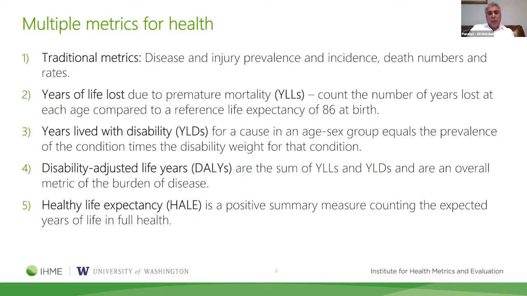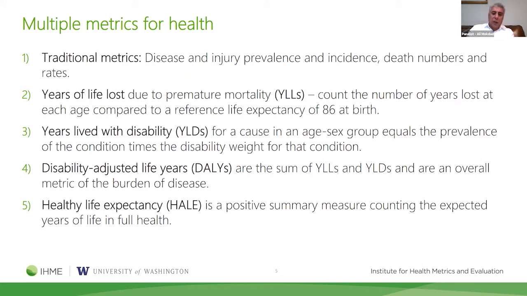DALYs, disability adjusted life years, is the combination of years of life lost and years lived with disability. It's basically an overall picture of health, and it's telling all of us what's killing us and what's ailing us in a population, which is very important because some of the conditions cause a lot of disability, such as mental health or back pain, but most of the time they don't lead to death.